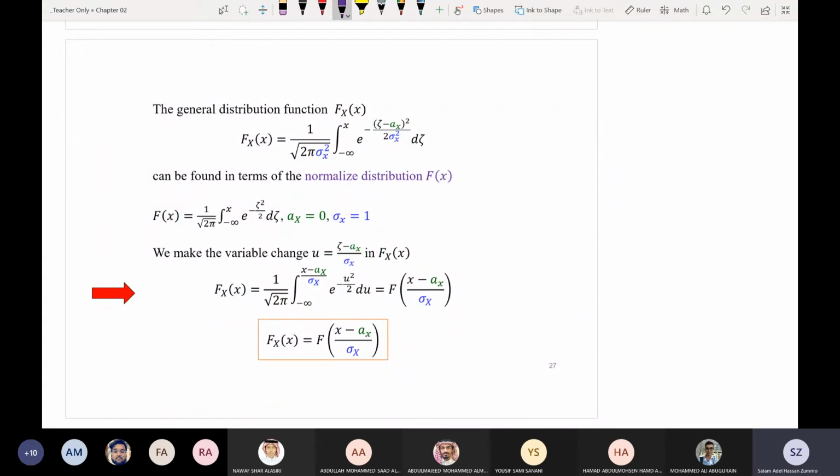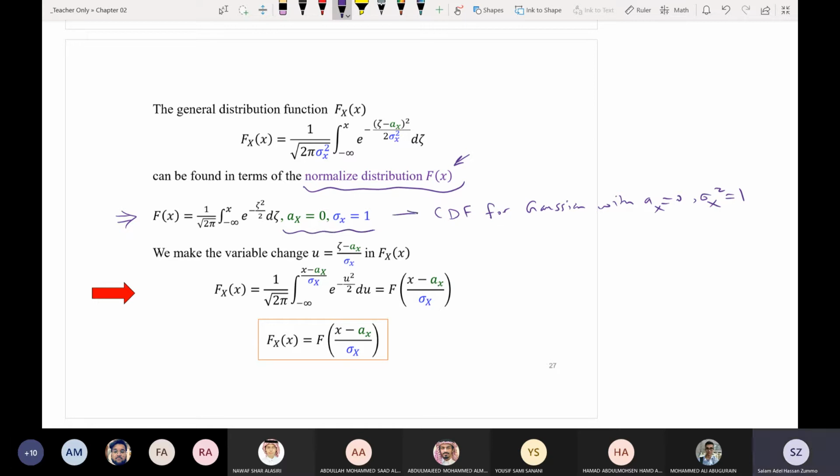I only build a table for the normalized Gaussian distribution, and I call this fx without x, without subscript, f of x. F of x is basically the CDF for Gaussian with ax equals 0 and sigma x squared equals 1.